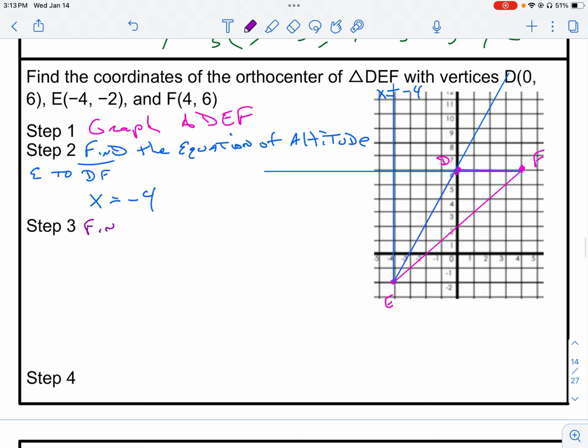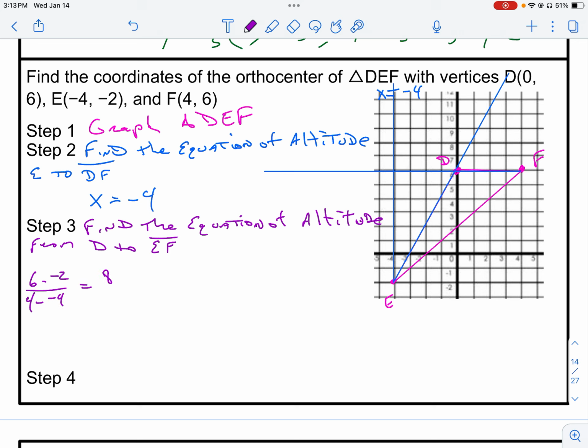So let's find the equation of the altitude from D to segment EF. So let's find the slope of EF. So we get 6 minus -2 over 4 minus -4. 8 over 8 equals 1.